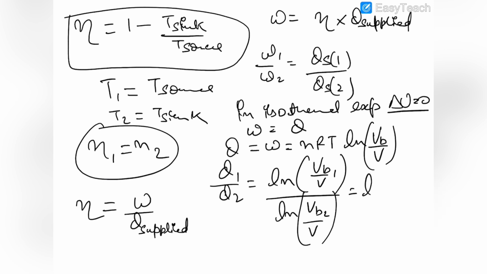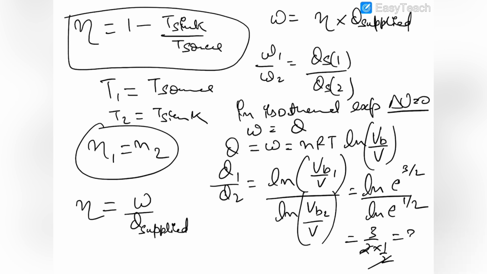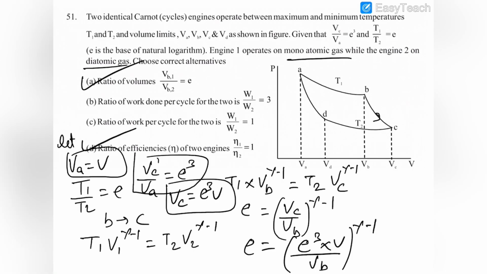So this is ln e to the power 3 by 2 and this is ln e to the power 1 by 2. Since ln e is 1, this is 3 by 2 upon 1 by 2, so it is equal to 3. So work done W1 upon W2 will be equal to 3. The correct option will be option number B.